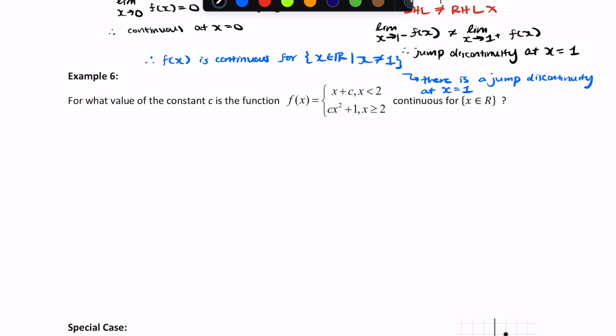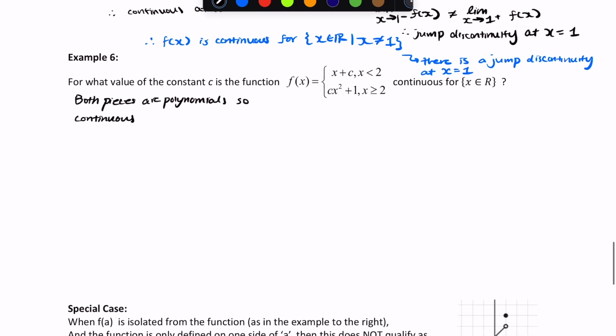So here, again, both pieces are polynomials, which means that both pieces are continuous. Okay, so to be continuous at x is equal to 2, we have to look at the left-hand and right-hand limit.